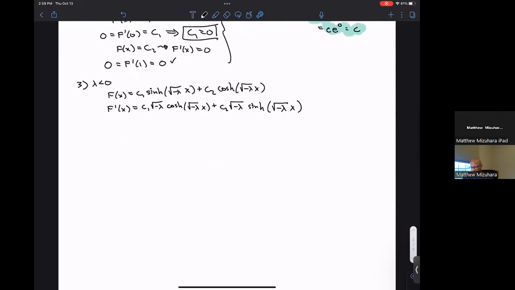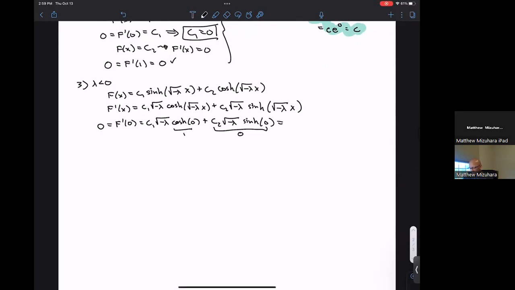And we continue as before. So now I'm going to plug in 0 to get my first boundary condition satisfied. So that's c1 root minus lambda cosh of 0 plus c2 root minus lambda sinh of 0. Again, this is just 0. This is 1.